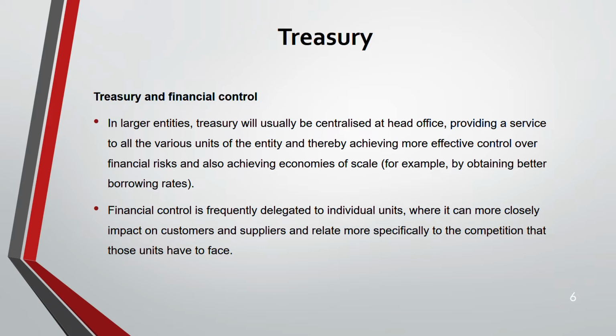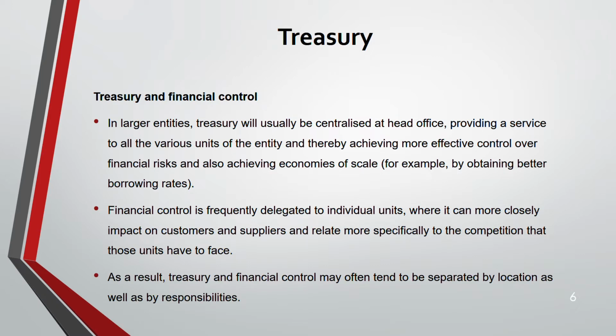Everyone looks after it. Why? Because if everyone takes it as a responsibility, this will have a major impact on your customers and suppliers. These individual units are the ones facing customers and suppliers on a regular basis, not the treasurer sitting at the head office. So as a result, treasury and financial control tend to be separated by location as well as by responsibility.